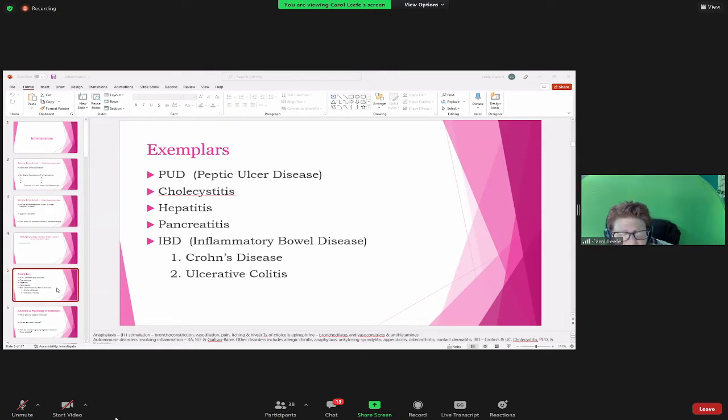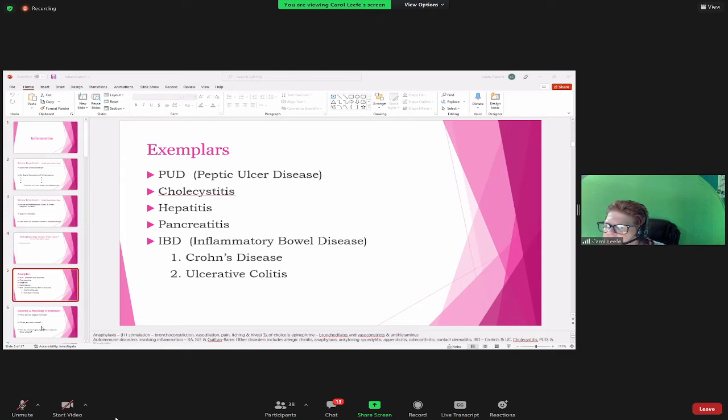So make sure you know the functions. You can recognize the function of those organs so that when the malfunction happens, you know what interventions you're going to do and why.